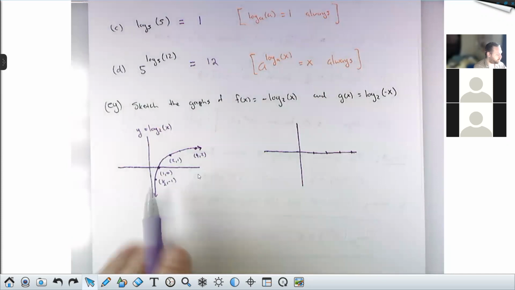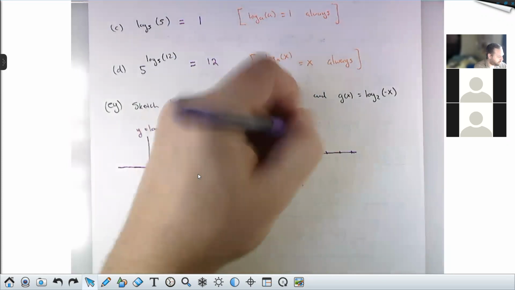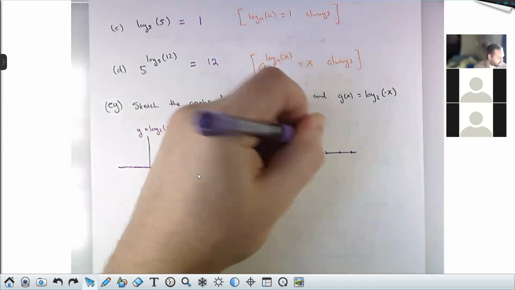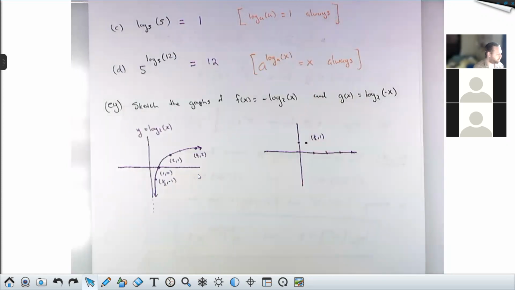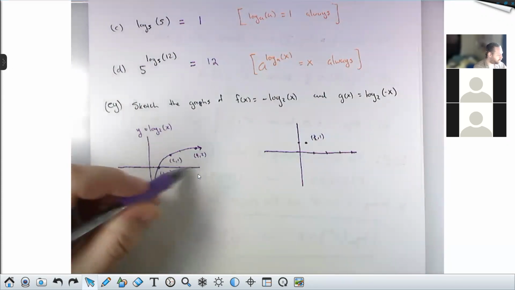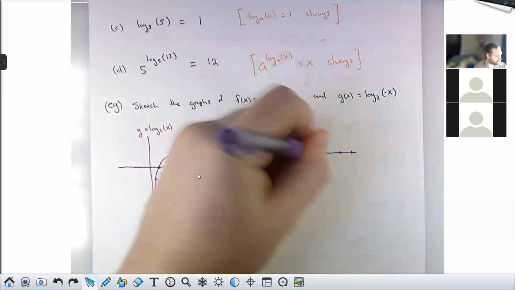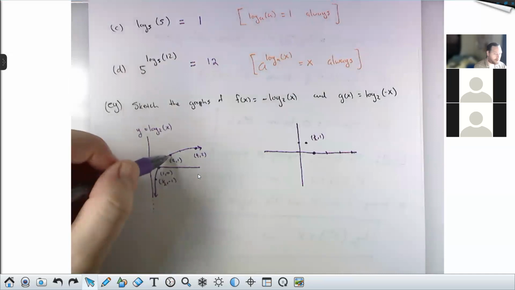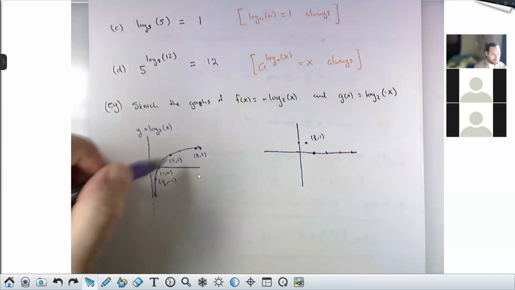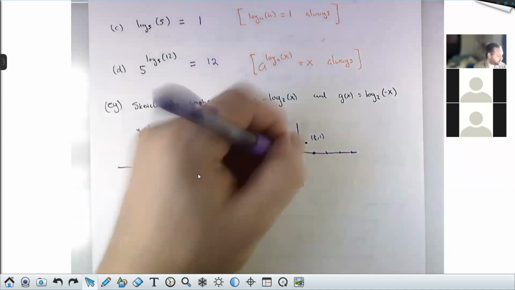So 1/2 comma -1 becomes 1/2 comma +1. 1 comma 0, if I flip that over the x-axis, stays 1 comma 0. 2 comma 1, if I multiply the y value there by -1, becomes 2 comma -1.